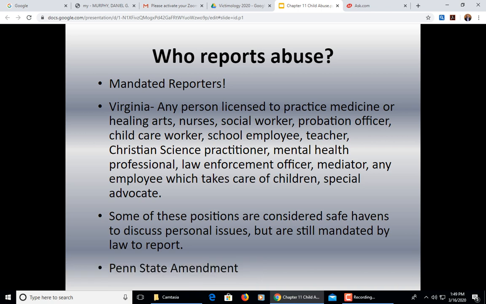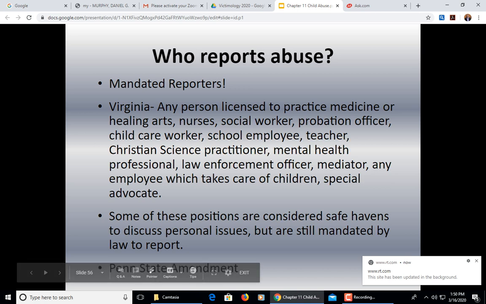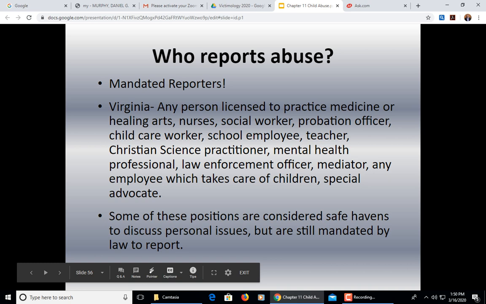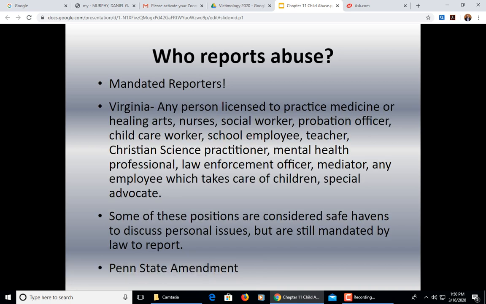Virginia, like all 50 states, has mandatory reporting laws. You see some of the ones listed here. In addition to what's listed here are university employees and coaches. I call this the Jerry Sandusky Amendment, because after that case at Penn State occurred, they included university professionals.